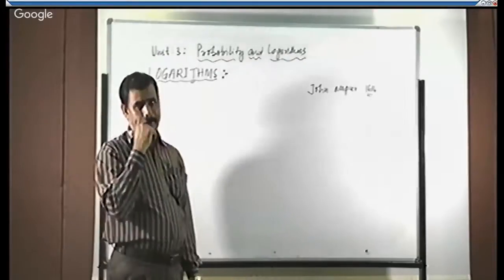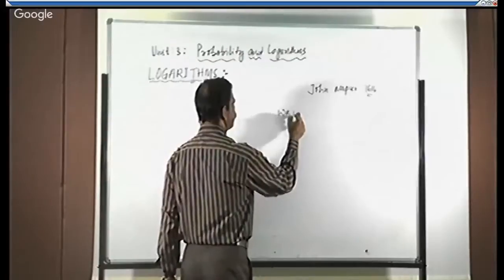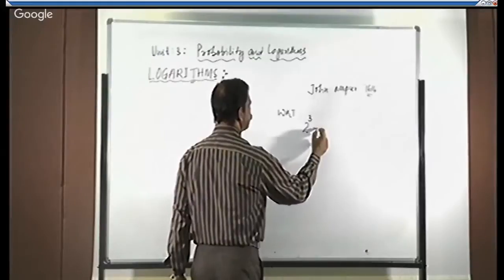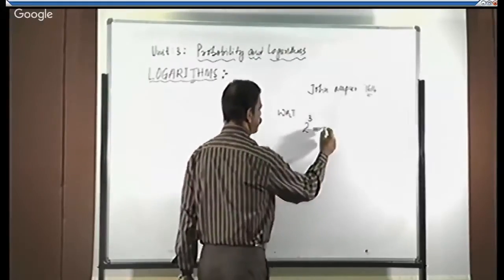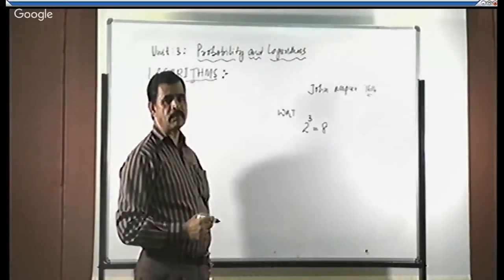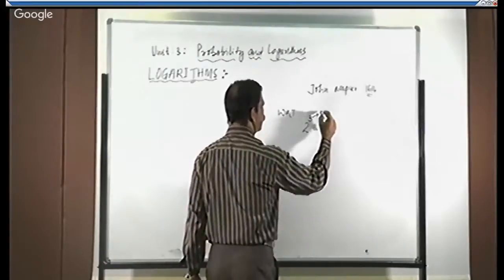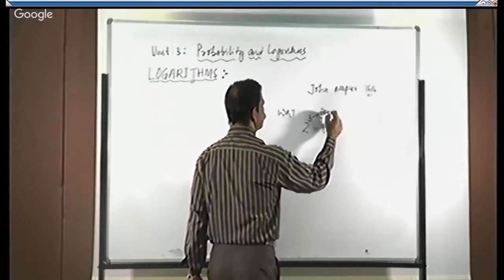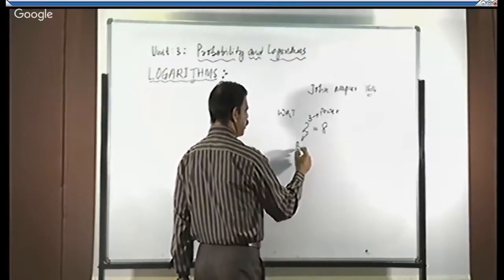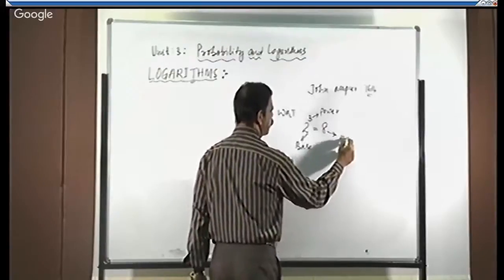Then what is logarithm? I will start from this. As we know that, 2 to the power of 3 is equal to how much? It is 8. 2 into 2 into 2. 2 cube is equal to 8. So this will be called power or index, and this will be called base, and this is a number.